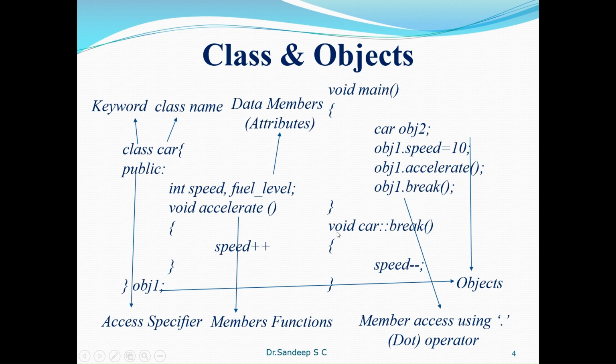We mention the return data type, then the class name, then the scope to which that function should belong, then the function name and argument list. Then we can write the function body. So this is how we define the class and create objects for the class.